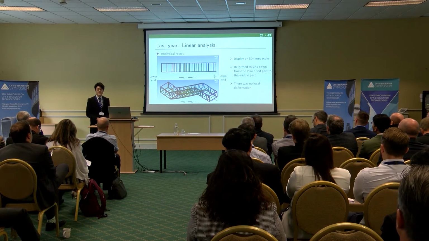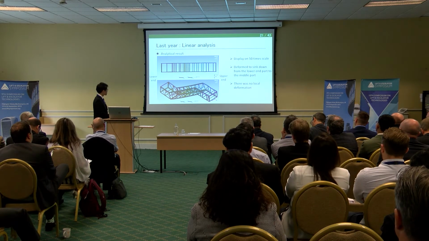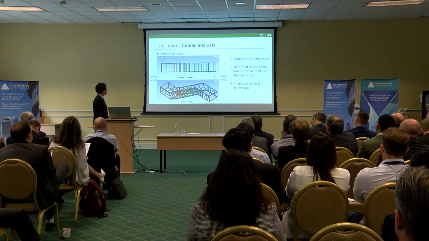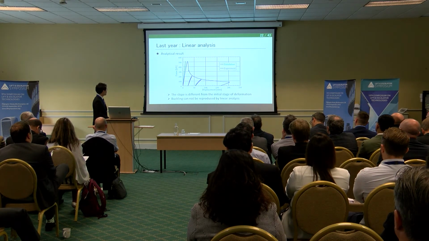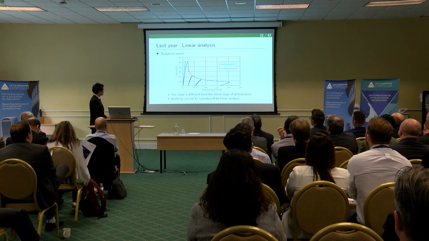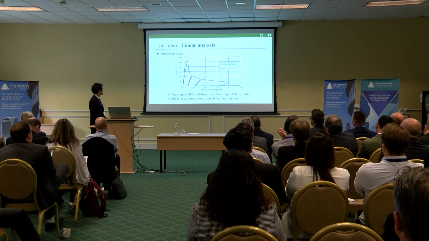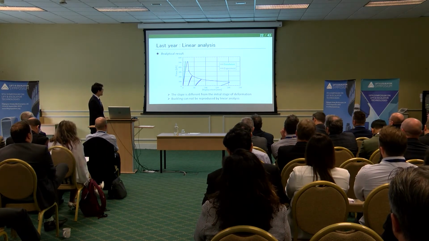This slide shows the analytical result. Displacement is shown on a 50 times scale, and the deformation sinks down from the lower end part to the middle part. There was no local deformation. So the slope is different from the initial stage of deformation. Buckling cannot be reproduced by linear analysis.